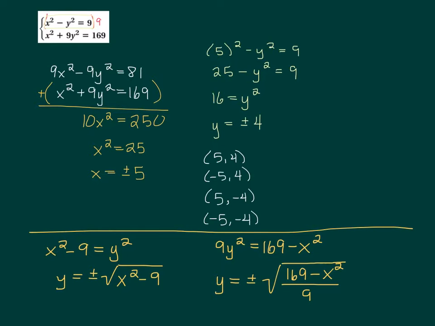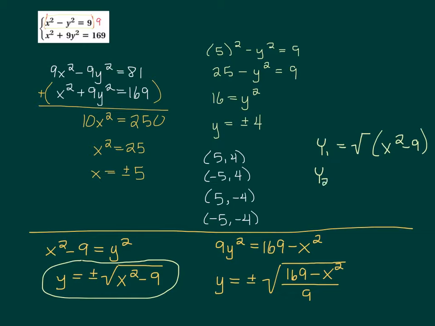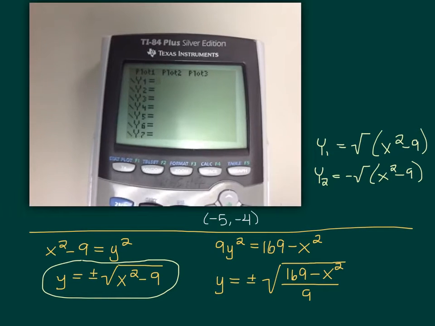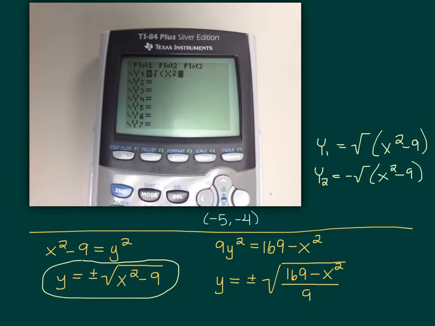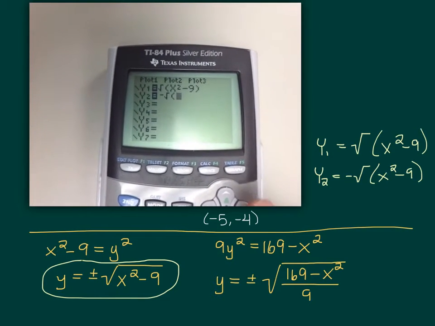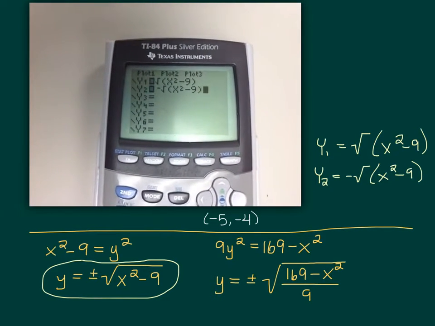So in our calculator, we're going to have to put in 4 equations. So for this one, for example, we're going to have to make y1 the square root of x squared minus 9. y2 will be the negative square root of x squared minus 9, and so on. You go to y equals, so we have the square root of x squared minus 9, and the negative square root of x squared minus 9.